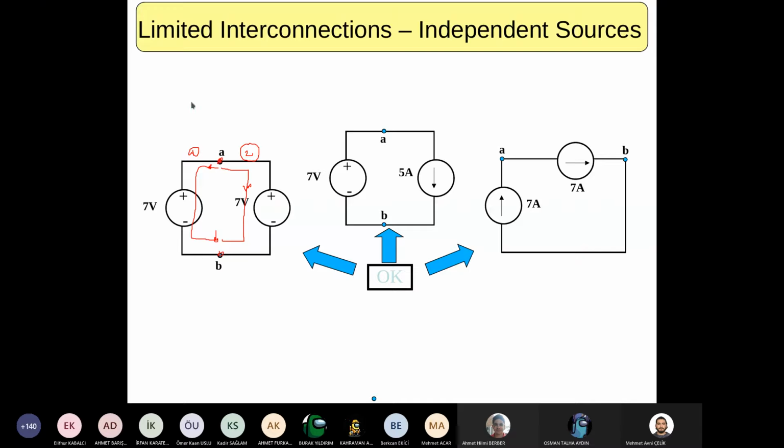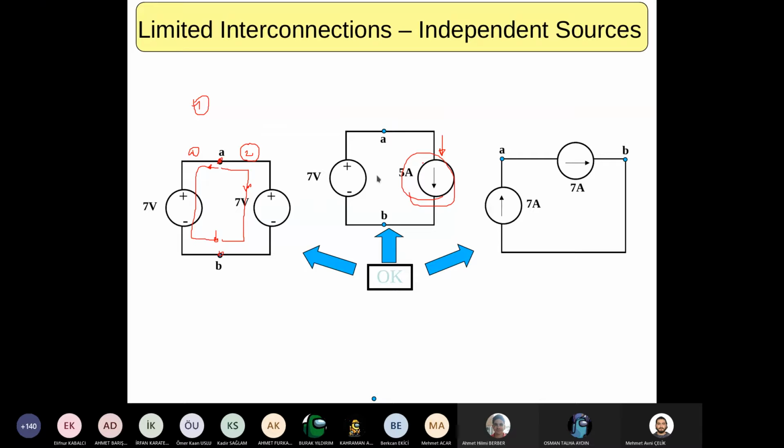In this first case, the voltage between A and B going from the first branch or the second branch are both the same, so this representation is valid. You can see that the voltage from A to B from both sides is still the same in here, but there is a current source saying that the current passing through this branch will always be 5 amps.